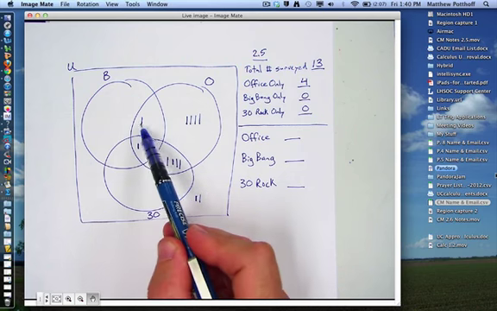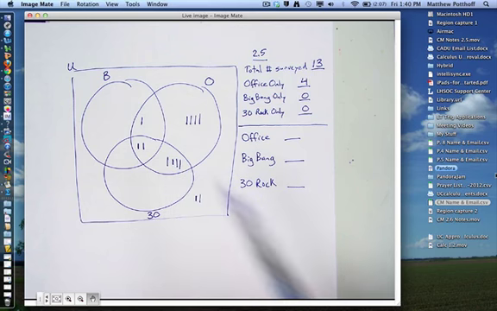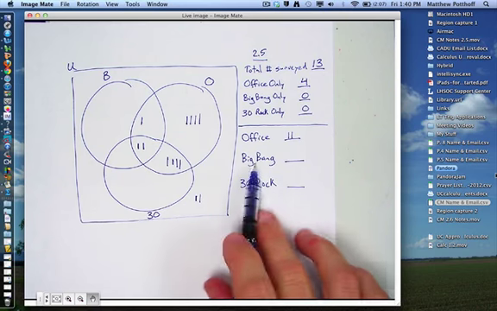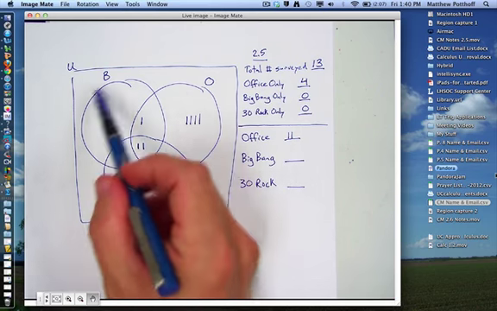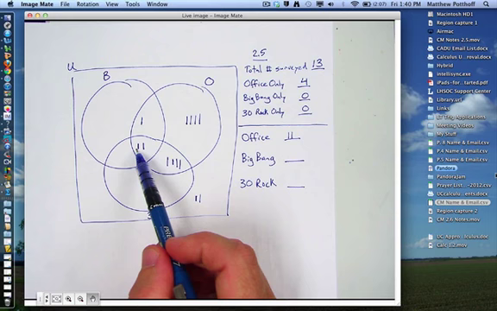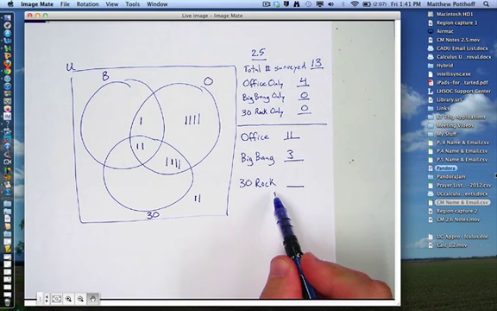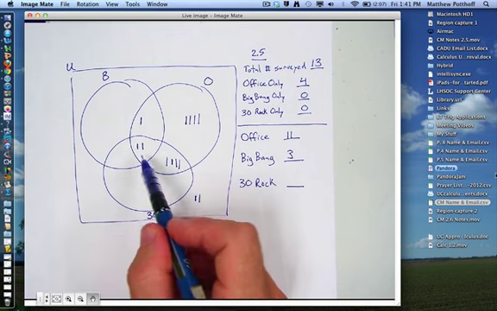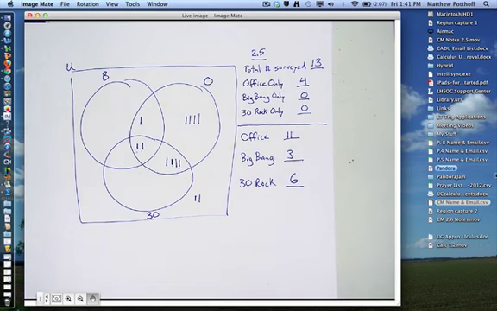So it's 1, 2, 3, 4, 5, 6, 7, 8, 9, 10, 11. Right there. So for Big Bang, it's anybody who likes Big Bang. So it's anybody in the Big Bang circle, which is 1, 2, 3. And then how many people like 30 Rock? Okay, it's going to be anybody in the 30 Rock circle. So 1, 2, 3, 4, 5, 6. Okay, so these are just counting how many people are in the circle.